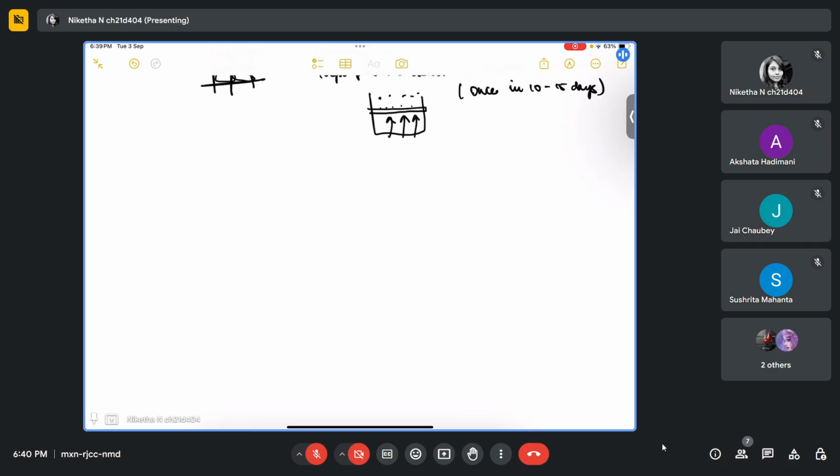Generally, there are two types of filters. Can you tell me what are the two types of filters which are commonly used? I'm not talking about advanced filters, just the filters that we use in a water treatment plant.